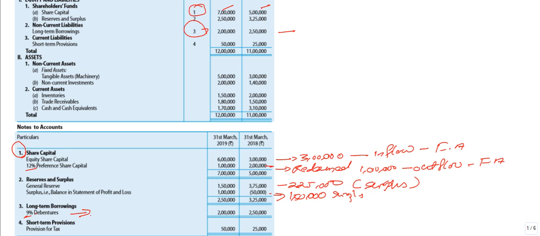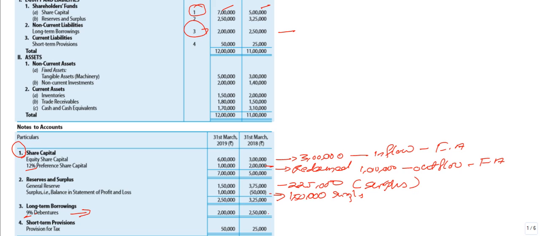So we have to add back along with the profit under the non-operating expenses. It should show us the financing activity. How much is the 9% debenture interest, we have to show as a financing activity outflow of cash. That is one treatment.